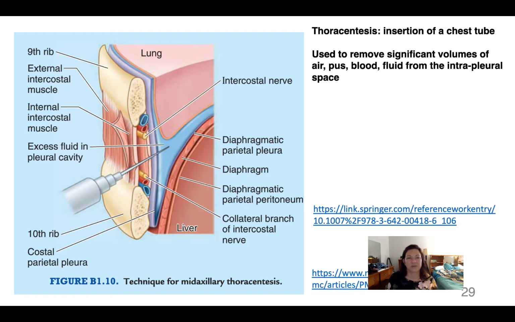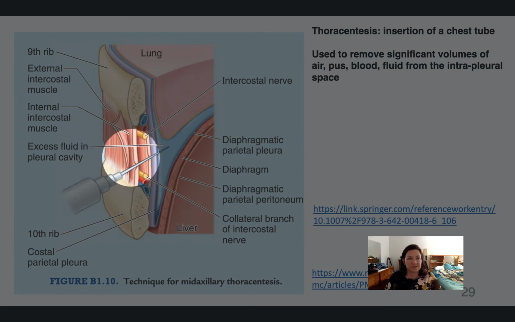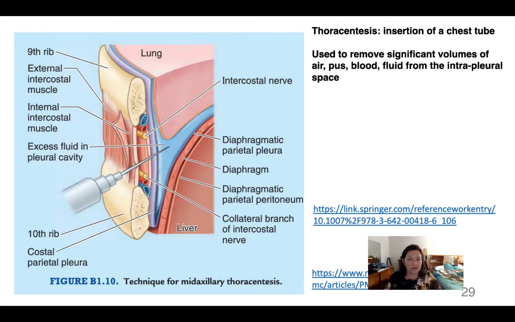And I just want to review this slide because it's somewhat important. So this is one approach to accessing the pleura, and you access it via the intercostal space, which makes sense.